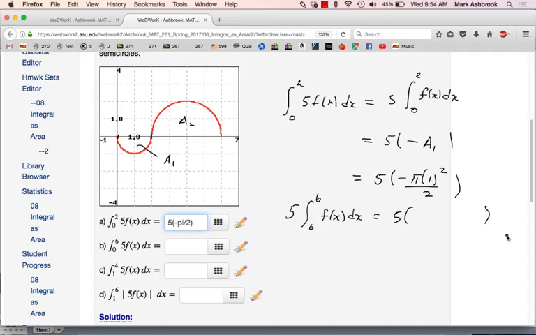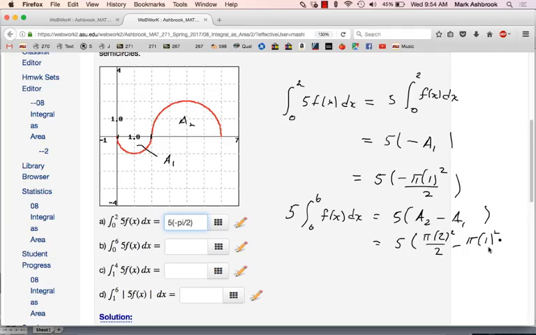That's right, because for A2 you get all this positive contribution, and then this area here will be the opposite of this area. So it'll be A2 minus A1. A2 is the same thing, but now our radius is 2. So it's positive pi times 2 squared, half of it, minus what we had before, pi times 1 squared over 2.